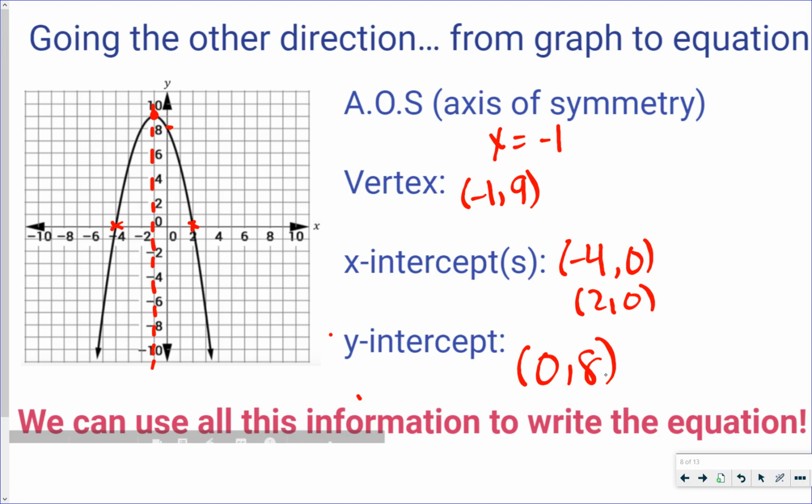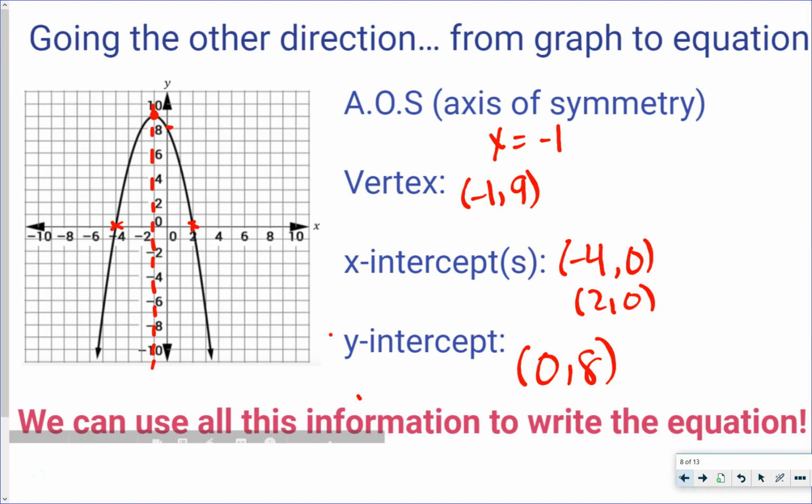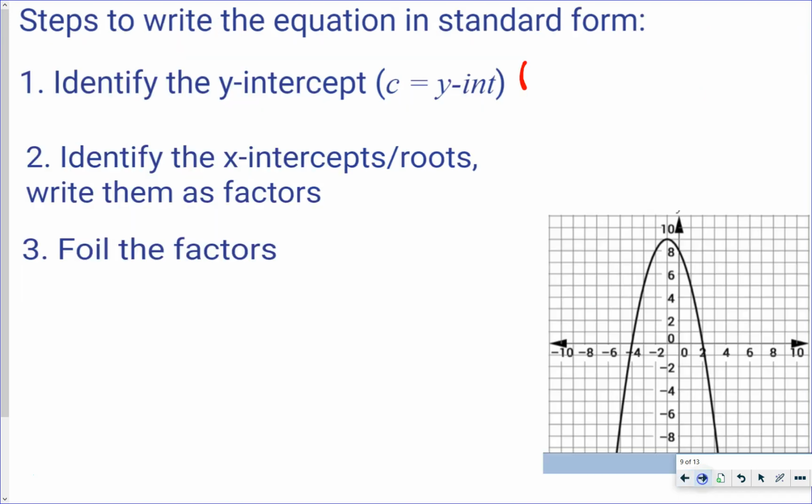So on the left-hand side, the steps. Your very first step is going to be to identify the y-intercept. You know how to do that. We just did it. We looked at the graph. What was our y-intercept? It was 0, 8, right? How do I use this? Well, the c in our equation is equal to 8.